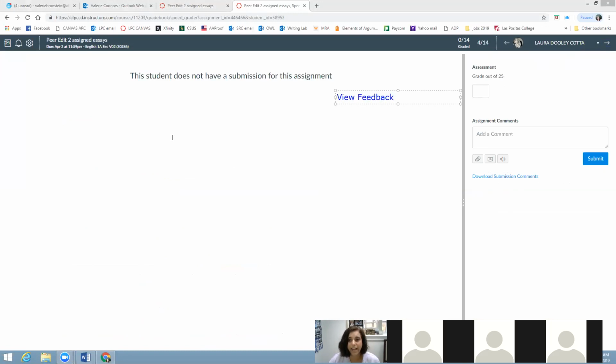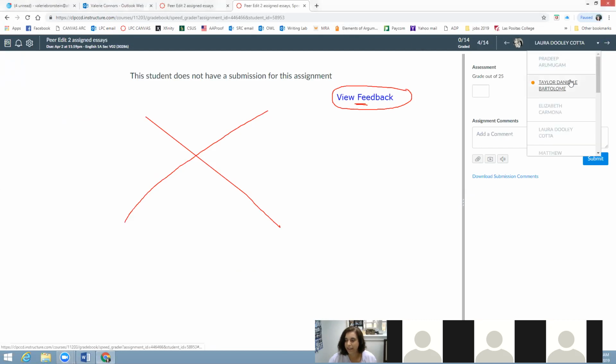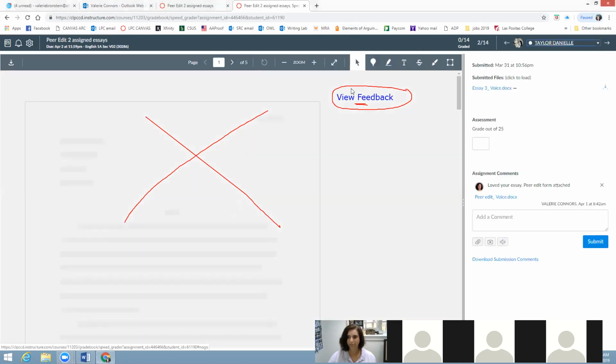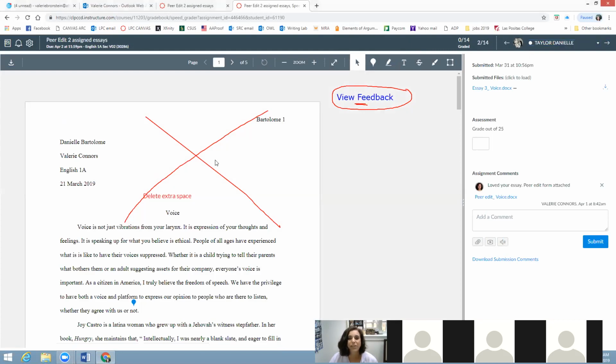If you do not see an essay, if it looks blank, let's see, how do I draw? There we go. If you open up the essay, Danielle or Jaden's essay, and it looks blank, over in the right-hand corner, it'll say View Feedback. Click on View Feedback and then the essay should pop up. Well, now I have those things on here. So if it disappears, just click on View Feedback.